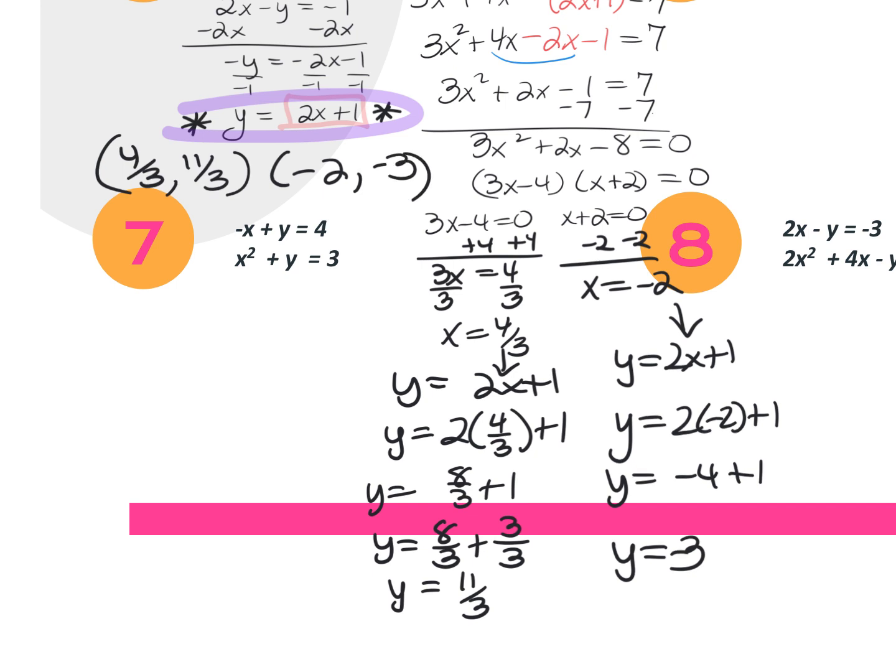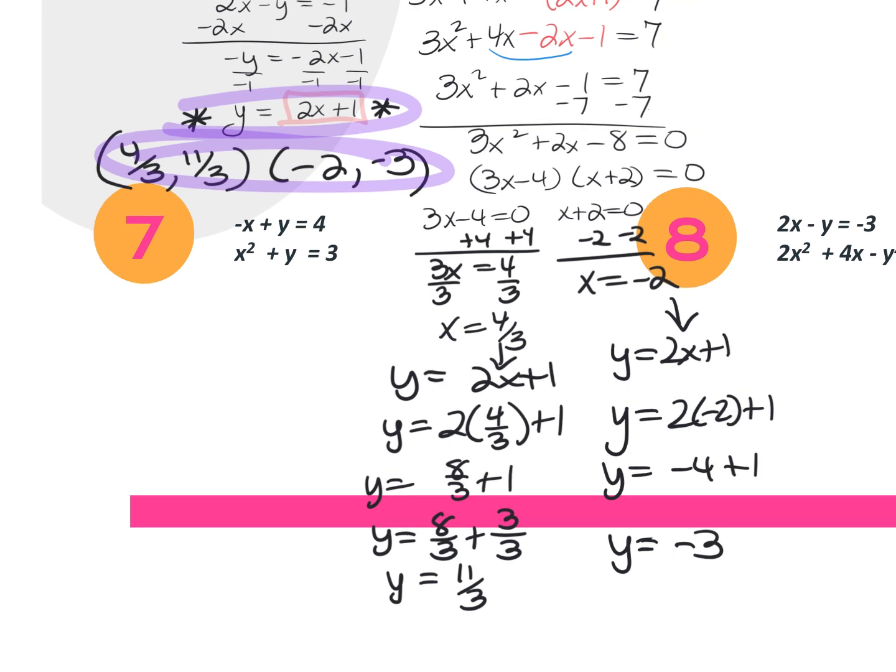And my negative sign blended here. Let me fix that. So that's a negative sign there. Let me just rewrite it. -3. So -2, -3. So the two solutions for the two equations are going to be two ordered pairs.